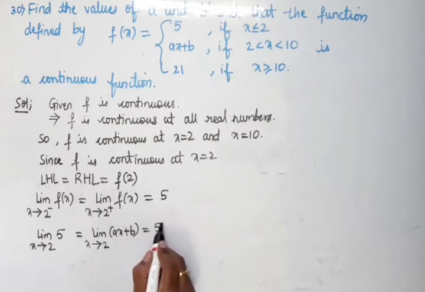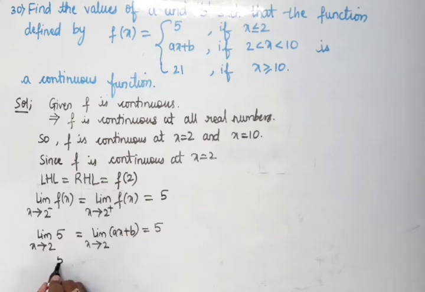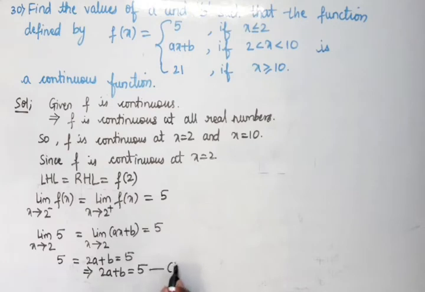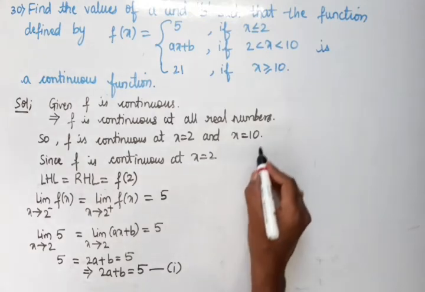This is equal to 5. Substituting x is equal to 2, you get 2a plus b is equal to 5. This is a linear equation. Take this as equation number 1.